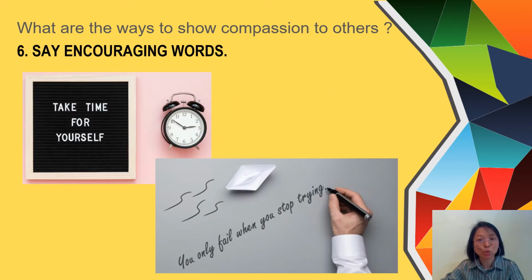Saying encouraging words to your friends or to your family members or to someone who looks very tired, worried, sad, and lonely is very important. Encouraging words like, take time for yourself, like what is shown in the picture here.